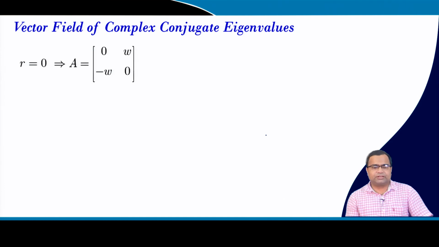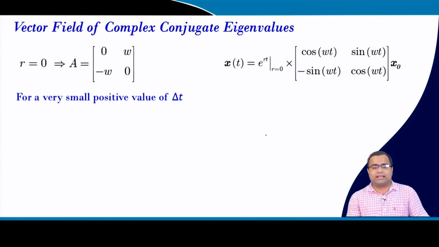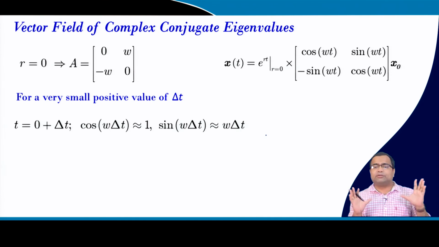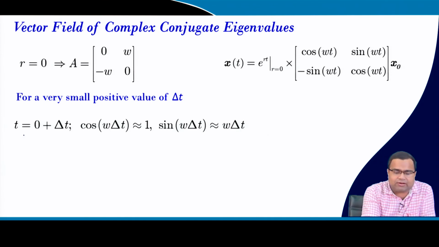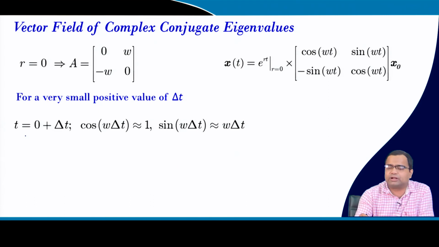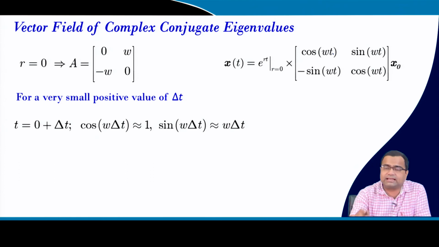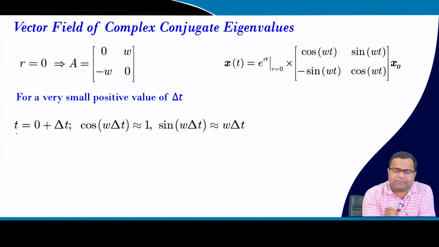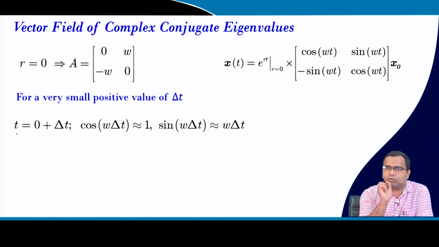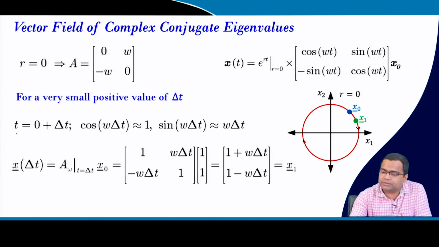So, in the complex conjugate case, if we take r equal to 0, we want to see which direction it rotates. Suppose the starting point is at t equal to 0.